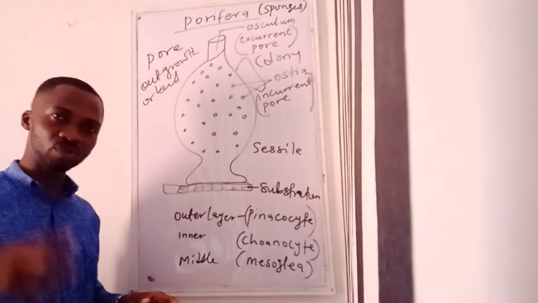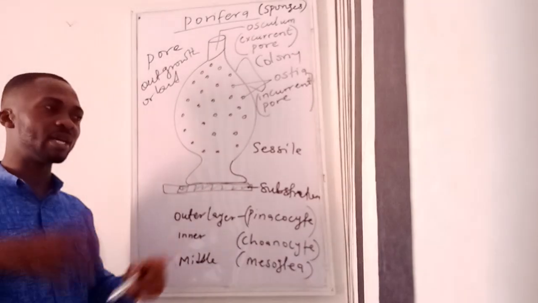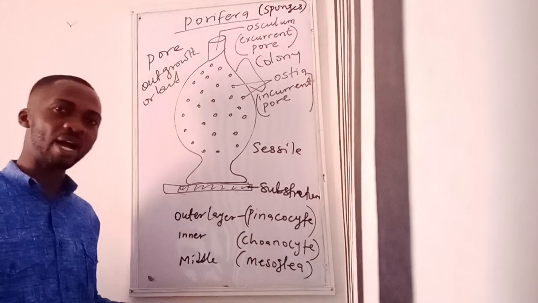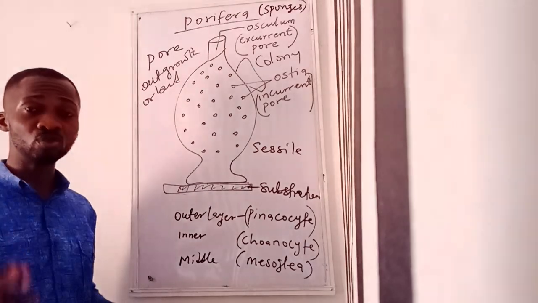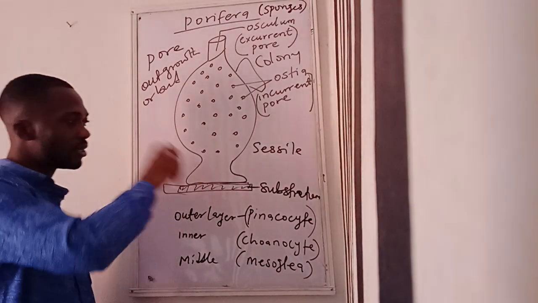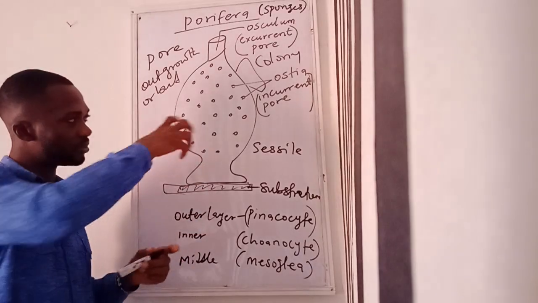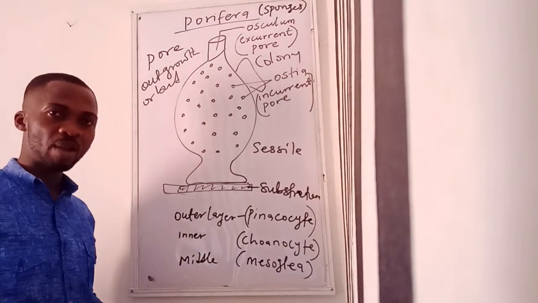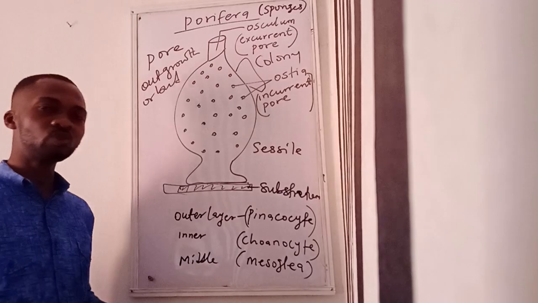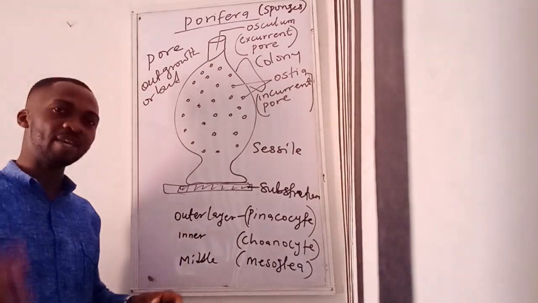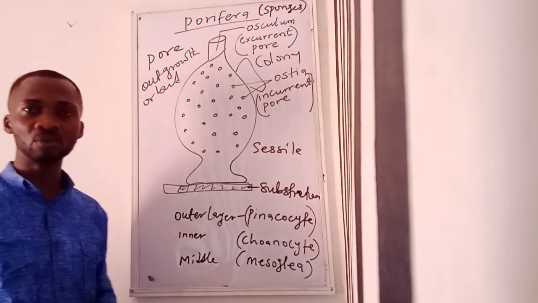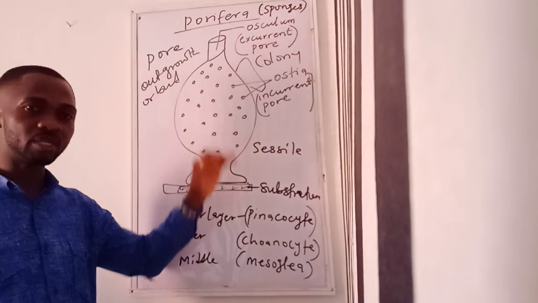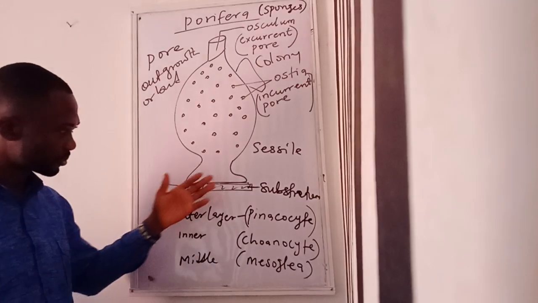It only happens during adverse environmental conditions, maybe when the temperature is too high or there is too much cold. Then the organism may develop these internal buds, but the new sponges will not be formed until the environment returns to normal. Then, of course, the new sponges will be formed. So that is what happens in the case of budding in this organism.